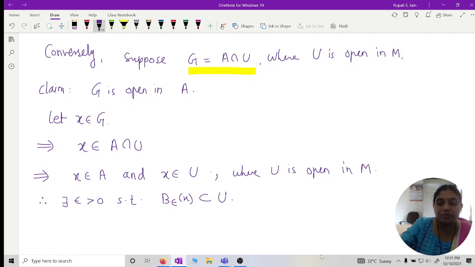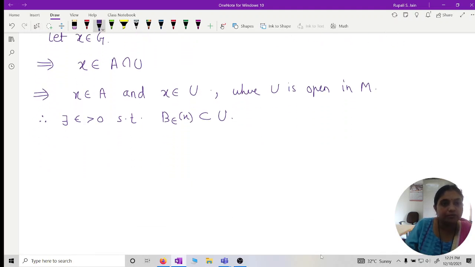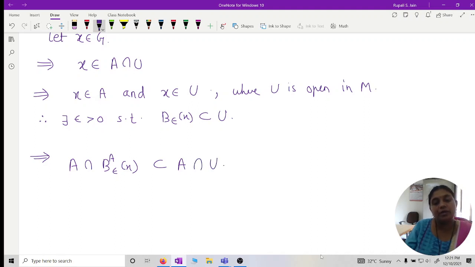Yes. So what this implies? A intersection B epsilon of X in A is contained in A intersection U, right?